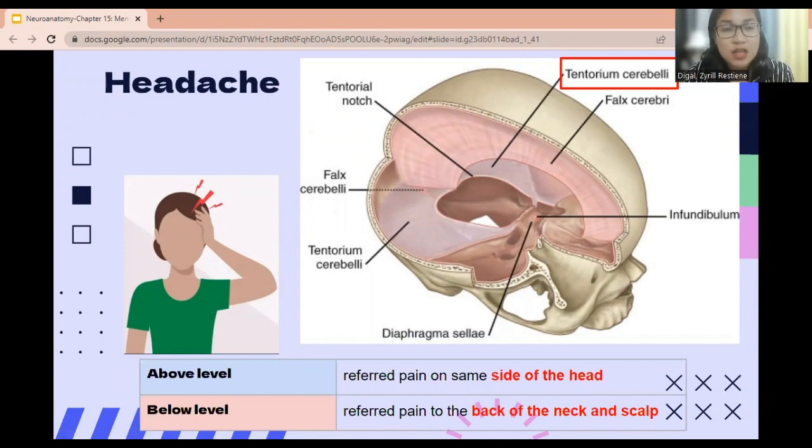So, stimulation of the sensory endings of the trigeminal nerves, which innervate the upper level of your tentorium cerebelli, produces referred pain to an area of the skin on the same side of the head, whereas stimulation of the dural endings below the level of your tentorium, which is innervated by your cervical nerves, produces pain referred to the back of the neck and the back of the skull.